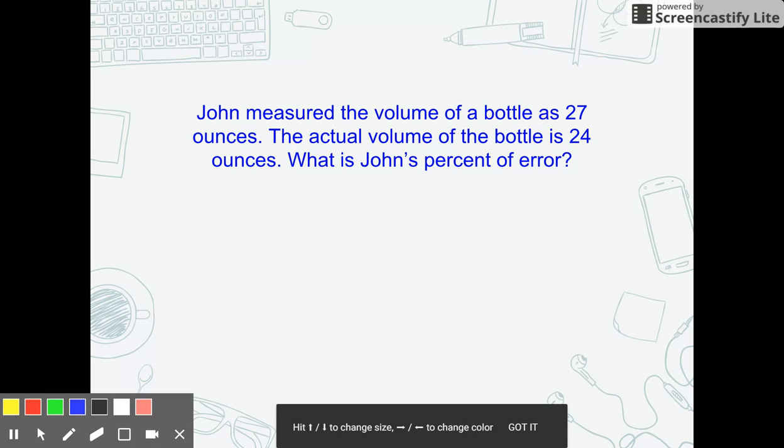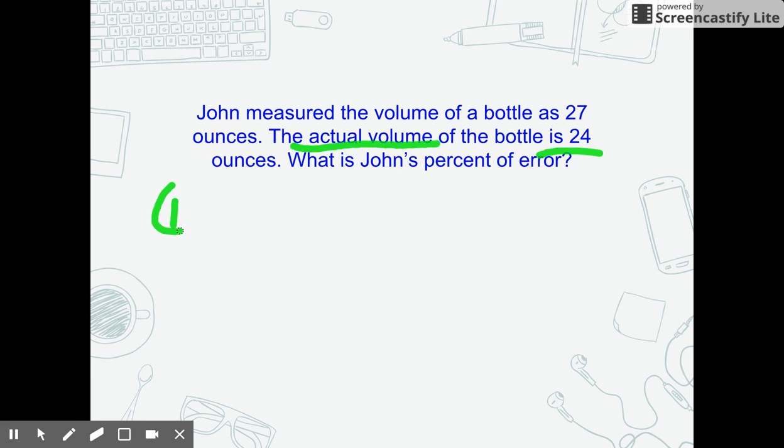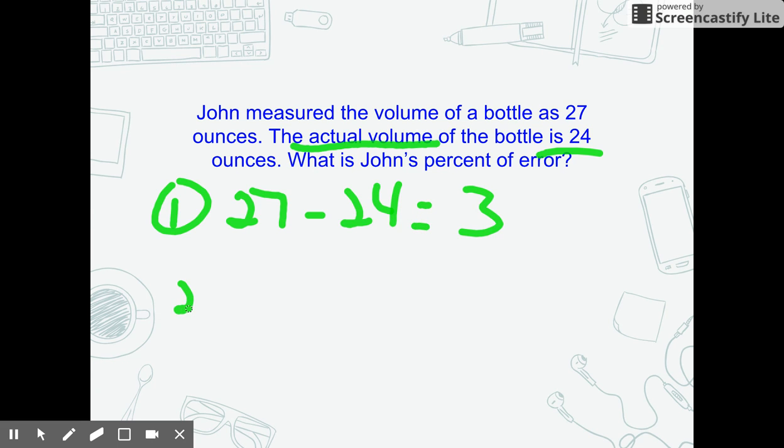Okay, in this case, John measured the volume of a bottle as 27 ounces. The actual volume is 24. What is John's percent of error? So you notice this really is not that difficult of a concept. Step 1, find the difference. We're going to do 27 minus 24, which is 3.